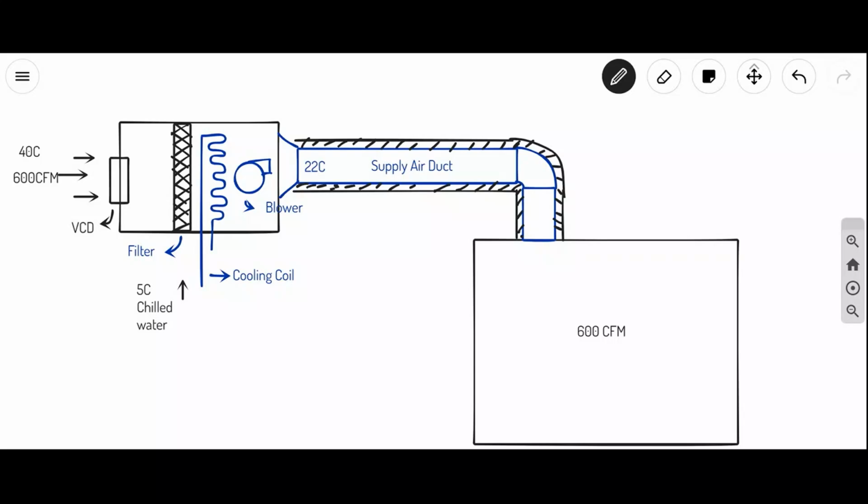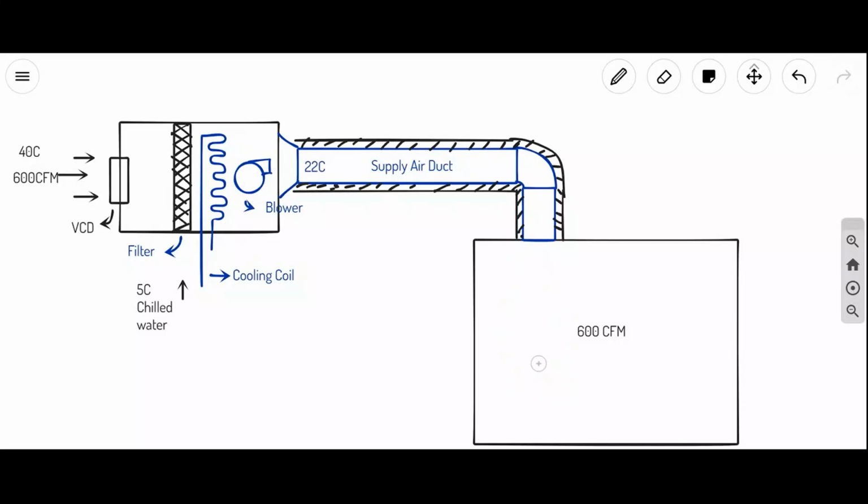Yes. Comfort. Okay. So this air will not make you comfort. Why? Because this air may come and may go like this only. Only this much area it will comfort. Okay, so that is why we need to distribute that air.